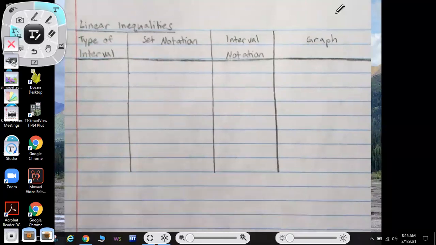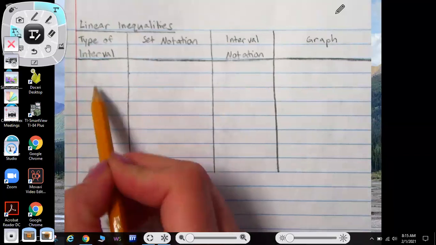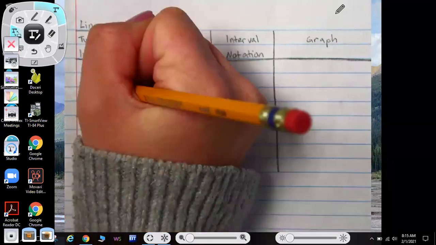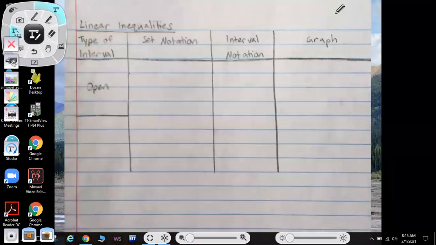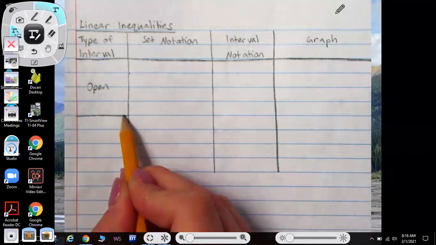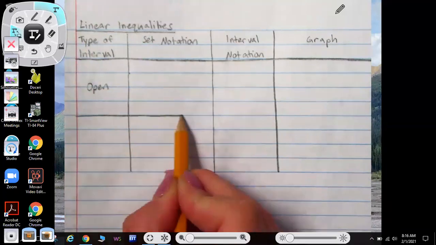Okay, so the first 4 types of intervals that we're going to look at are all called open intervals. So I'm just going to write it in the middle of 4 lines, so I don't have to write it 4 times. Actually, I could probably go ahead and draw this line all the way across.